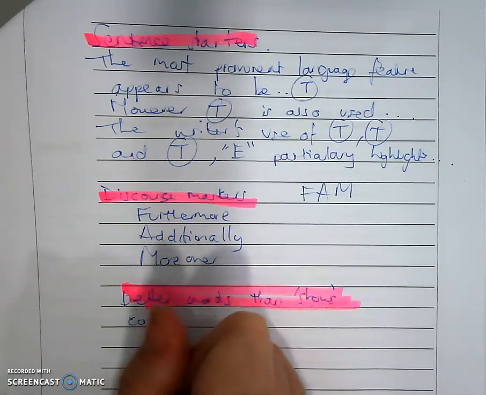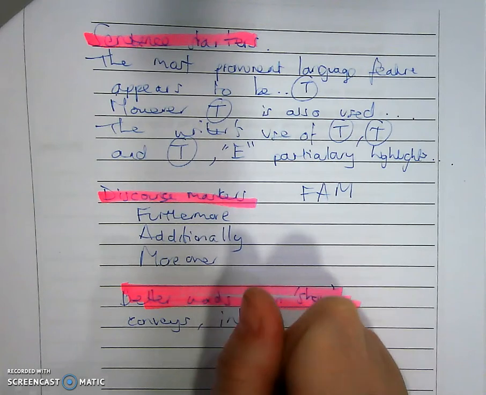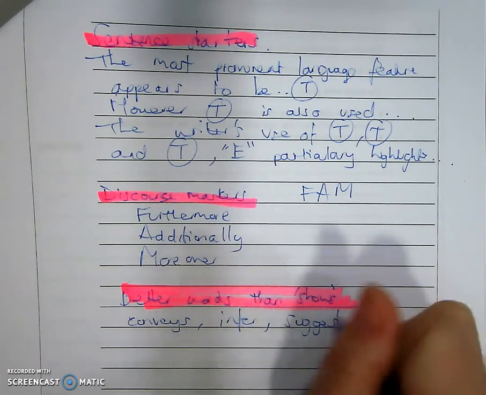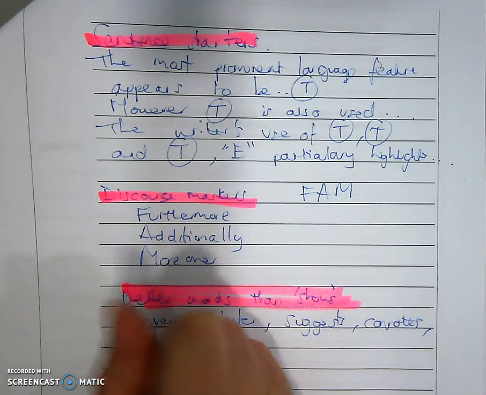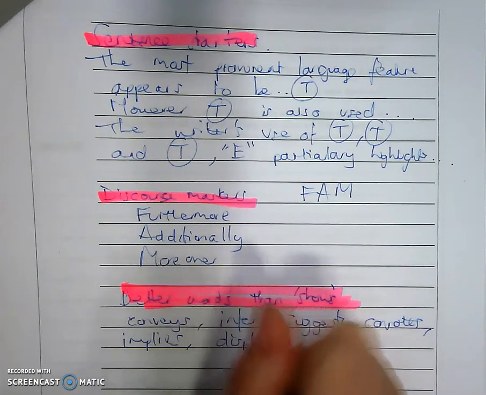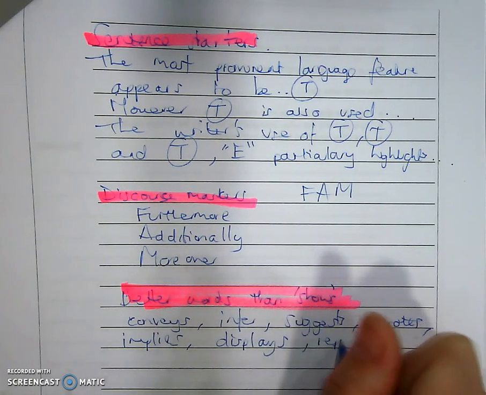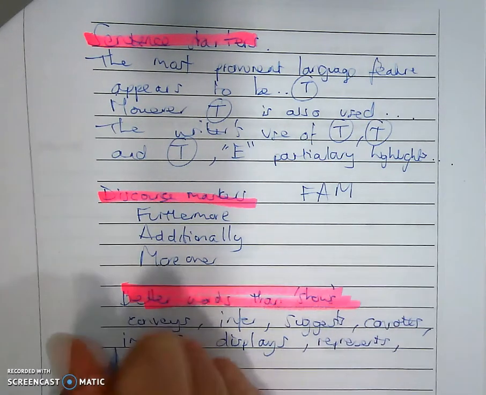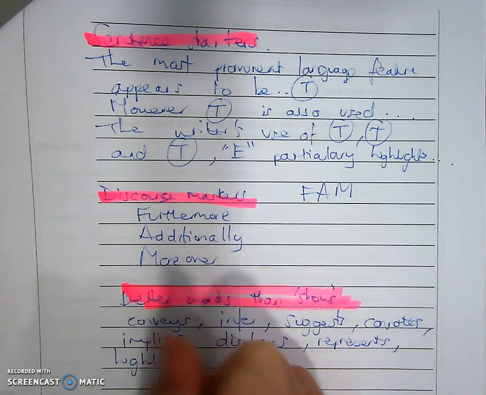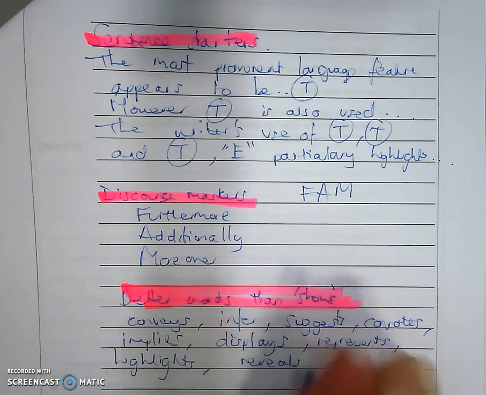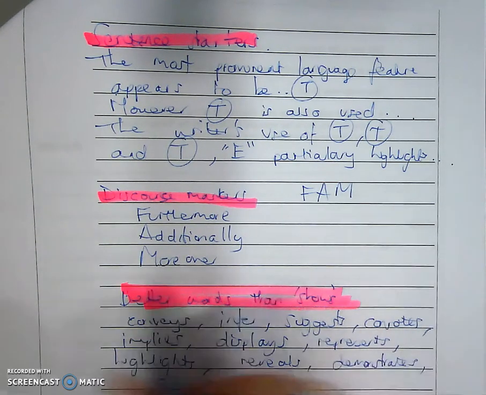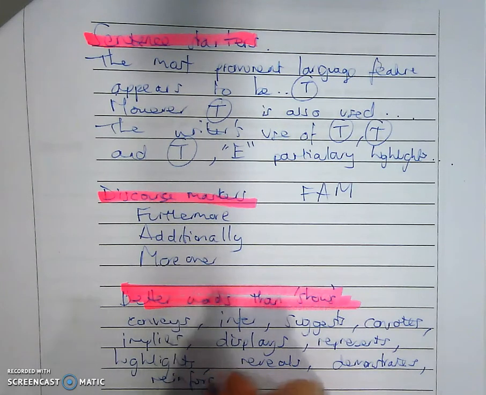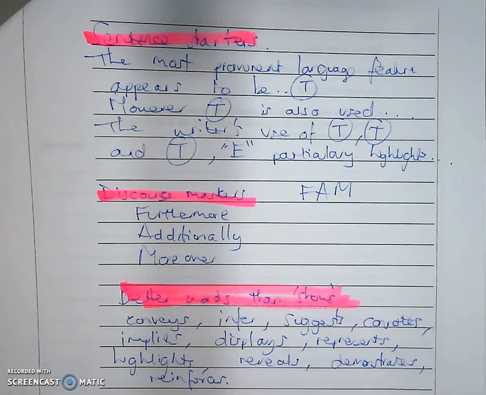So this conveys, we can infer, this suggests, this connotes, this implies, displays, represents, highlights, reveals, demonstrates, reinforces. Those are all much more sophisticated ways of saying "shows". So learning those would be a really, really good idea.